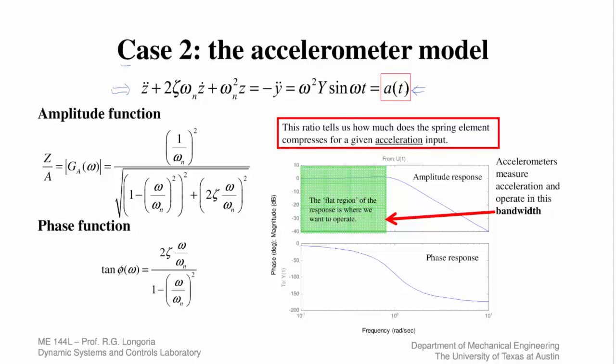Okay, so when I get the solution in this case, I can rewrite the amplitude function as a ratio of z, which is, remember, the amplitude of the deflection of the spring in the mass spring damper system, to the amplitude of the acceleration of the ground. And now I get a different amplitude function. The big thing to notice here is that compared to the seismometer, the forcing frequency omega is not in the numerator.